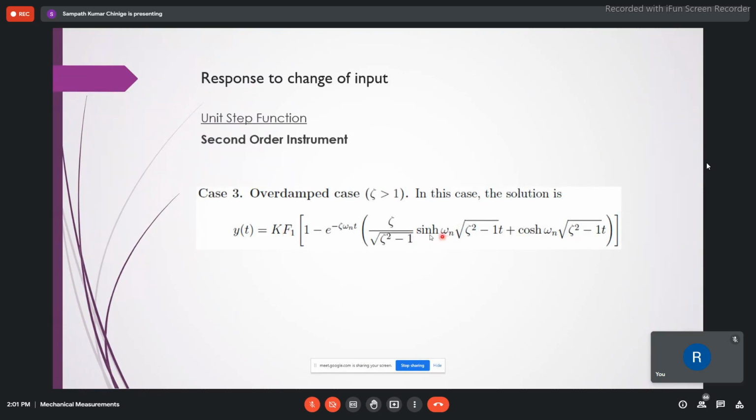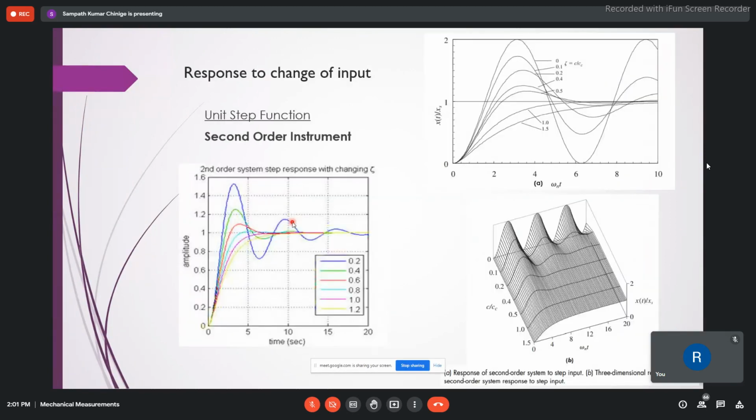So we have hyperbolic sine and hyperbolic cosine values also getting into the particular equation apart from its amplitude sensitivity. When we plot all those values with respect to its natural frequency and the ratio of its input and output, you can see over here how the curves look for different zeta values.